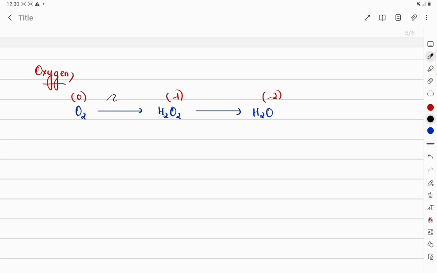I know from 0 to -1, the potential is 0.68 volt. From -1 to -2, it is 1.78 volt. I need to find how much will it be from 0 directly to -2.